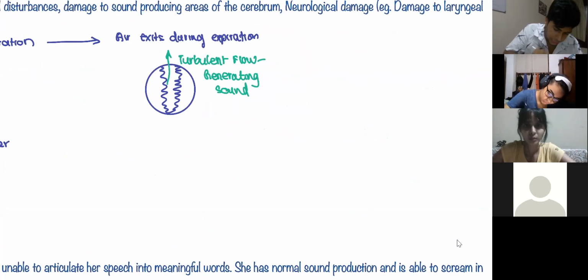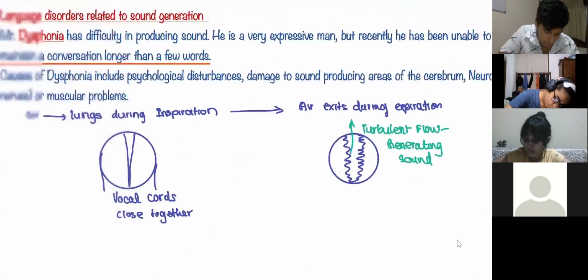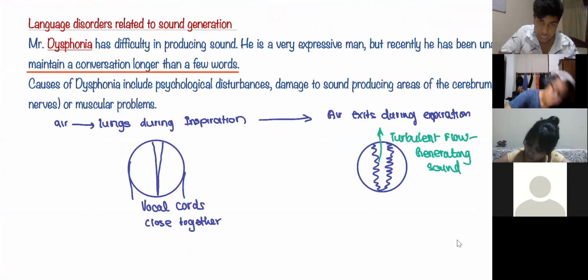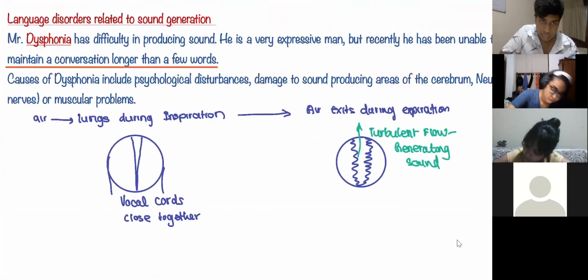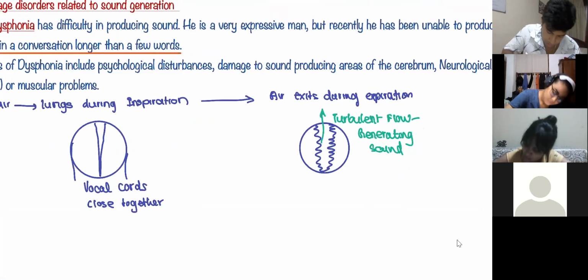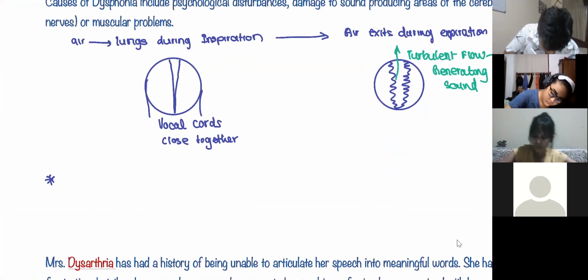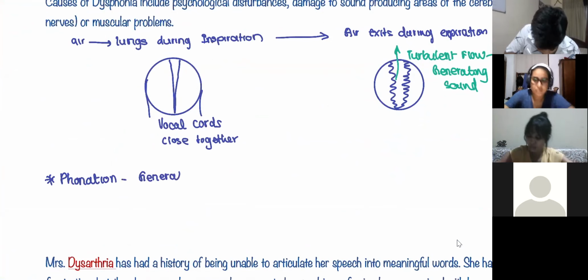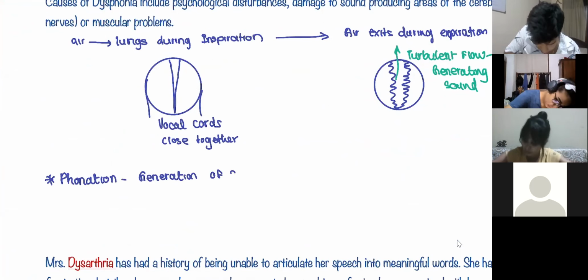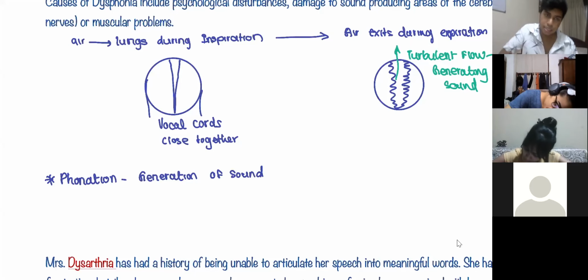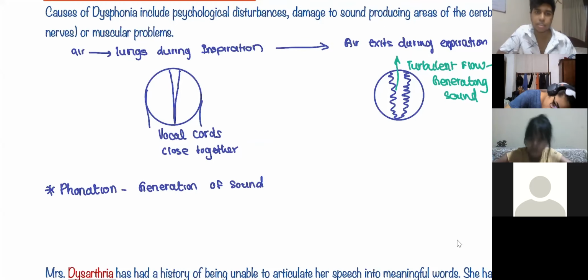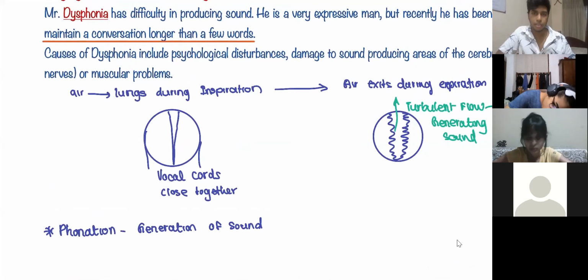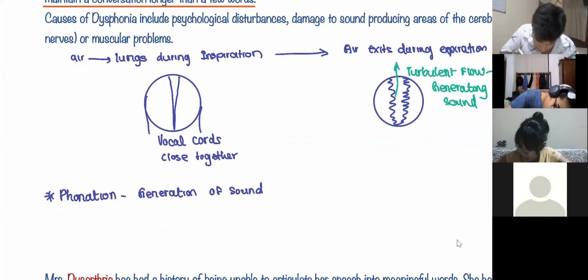Now, our issue here is in two areas. In dysphonia, phonation. So what is phonation? It is the generation of sound. When you add the word dys, it means there is a disorder in generation of sound.